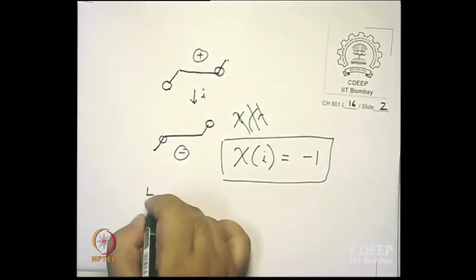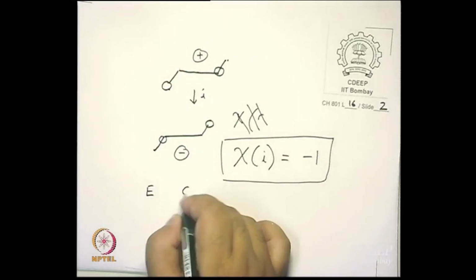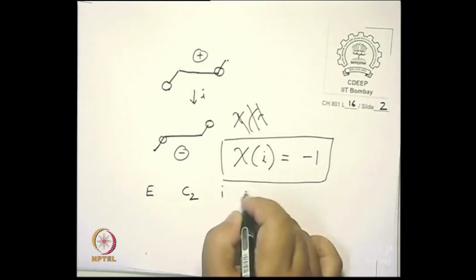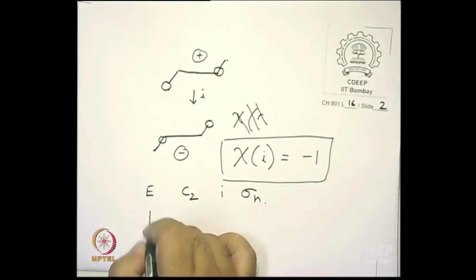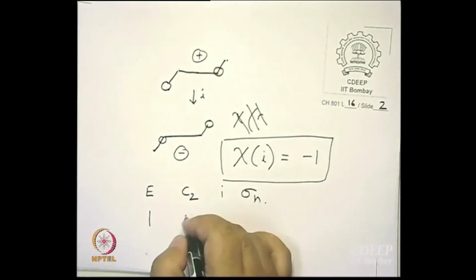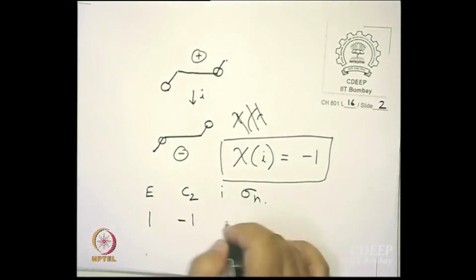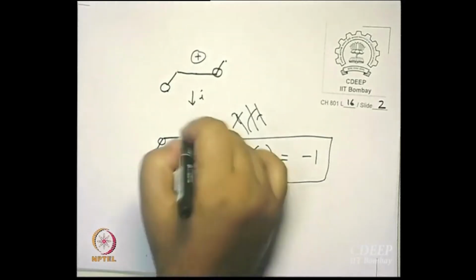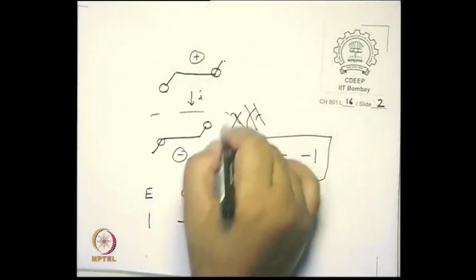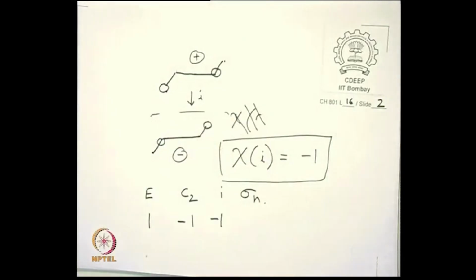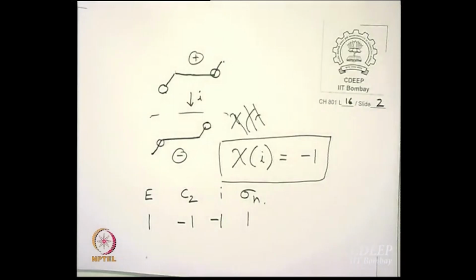So what we have got is E, C2, I, sigma H. This character is +1, this character is -1, -1, and then here if you apply sigma H, what will happen? Circles will remain where they were, dots will remain where they are. So +1, 1, -1, -1, 1. What is 1, -1, -1, 1? BU. Are you answered? Any other question?